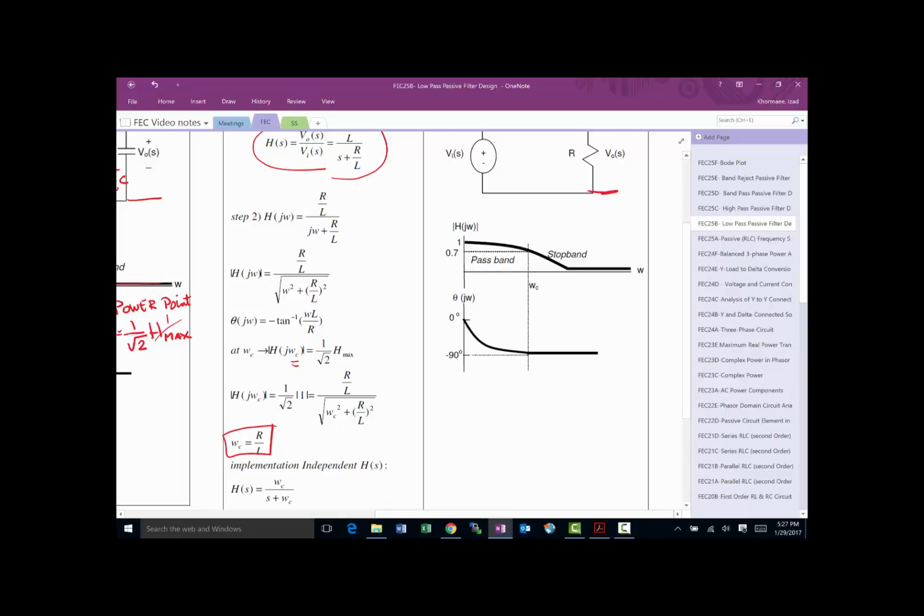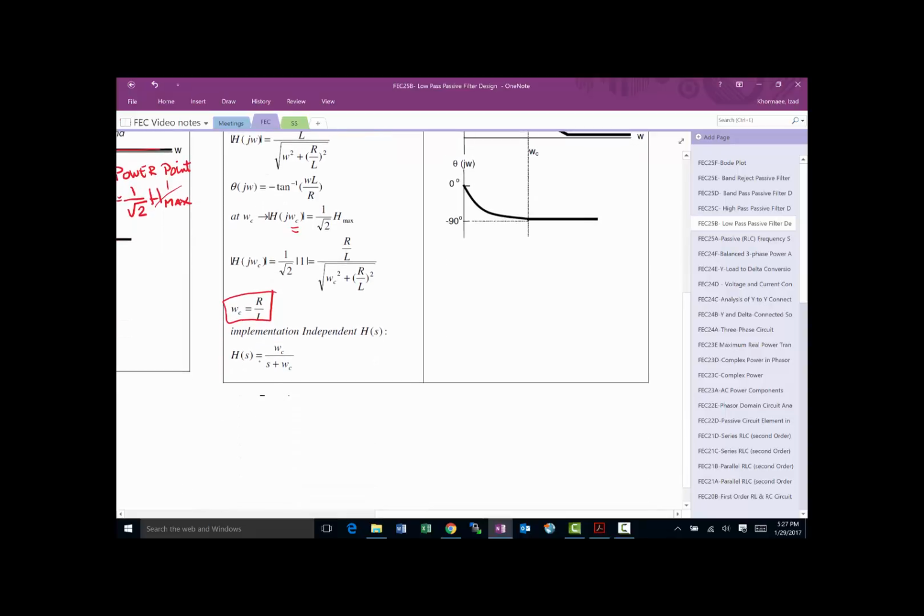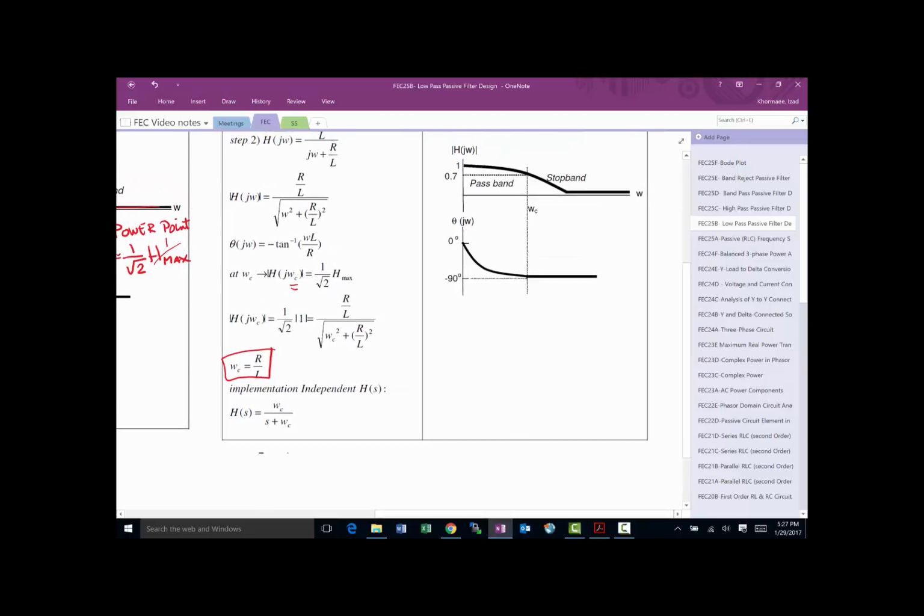Notice R over L was the time constant for the LR circuit. That's coming back to the cutoff frequency or half power point. Again, this is the cutoff frequency or half power point, and omega c is equal to this.